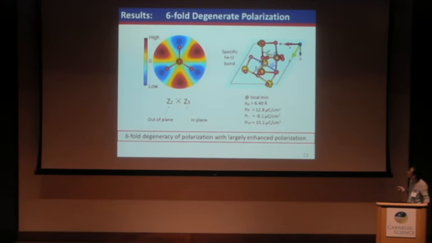Yeah, we know it has out-of-plane up and down polarization, but here we also notice that since one of the iron-oxygen bonds will break, it has three choices. Each bond breaking can lead to a different in-plane polarization state.